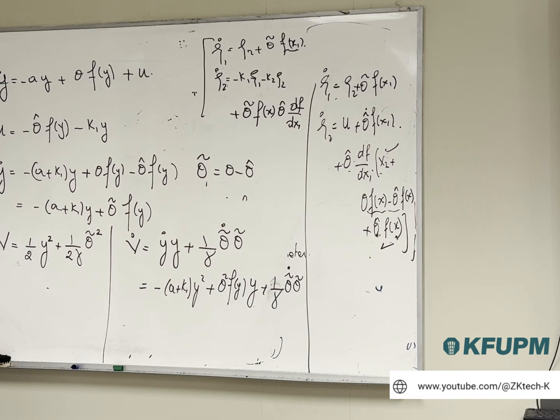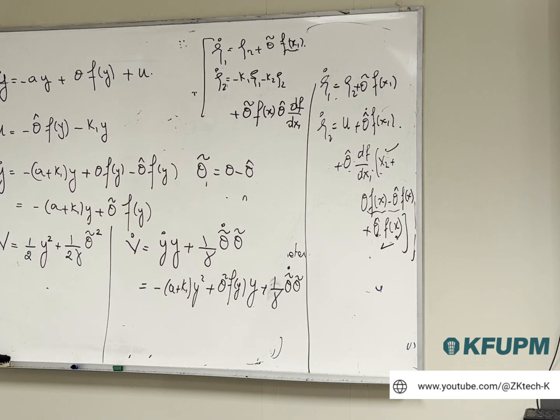What's my objective? To create V dot less than 0. We would like to create V dot less than 0. This is our target. What control do we have here? Theta hat dot, which is related to theta tilde dot, right?